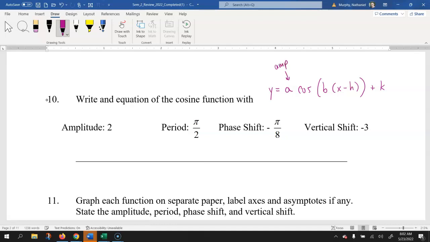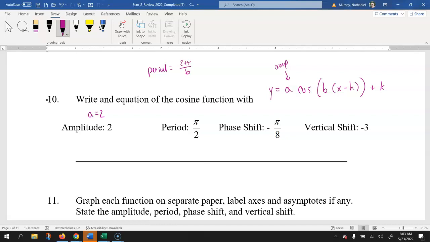So when it says our amplitude is 2, we know our a value equals 2. Our period is pi over 2. Now remember, the formula for the period is always 2 pi divided by whatever our b value is.